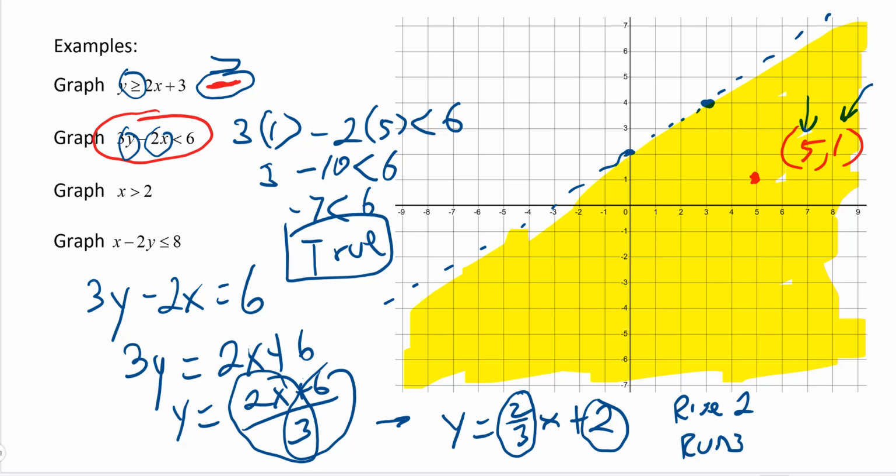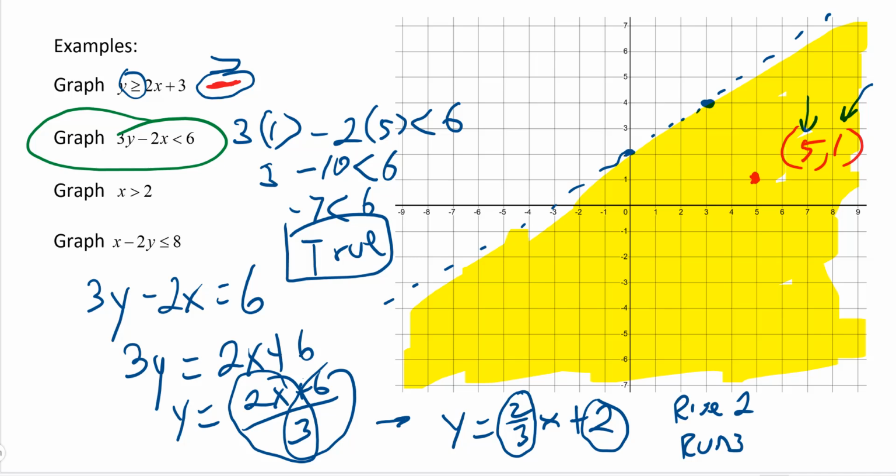Or if you want, think of it as everything below the line. That is our answer. So if it's true, shade in that side. If it's false, shade in the other side. So the final answer to this one is the dotted line and everything to the right of it also.